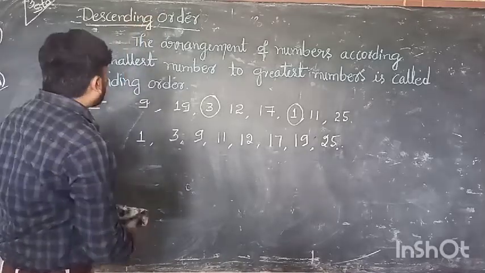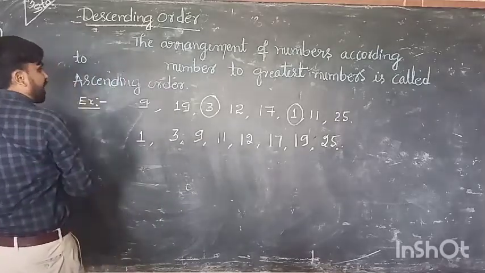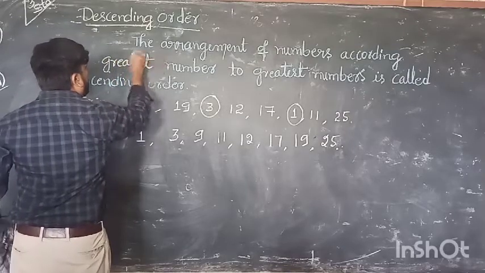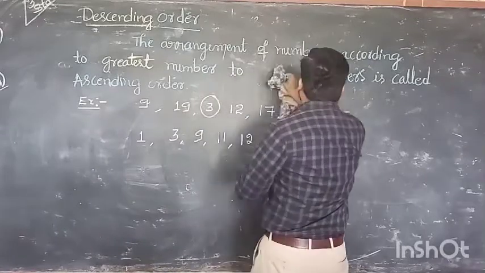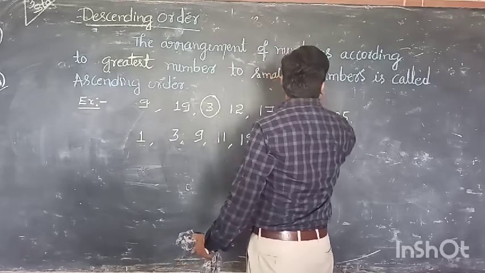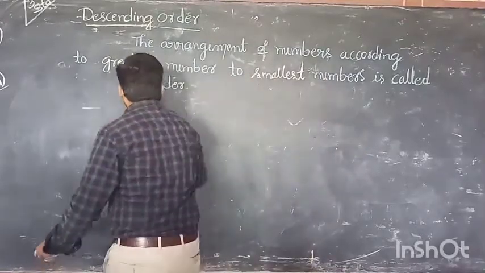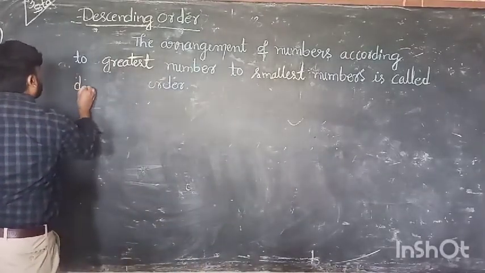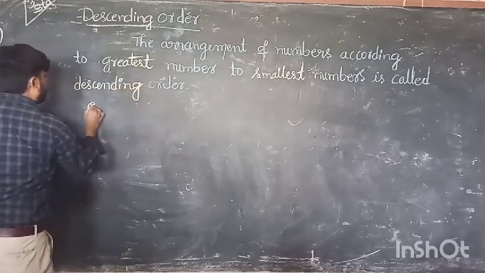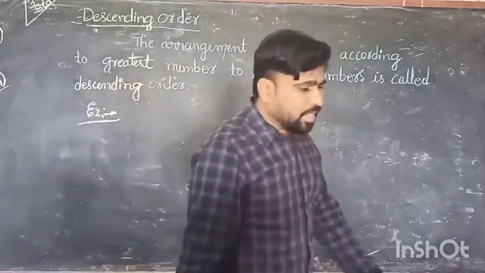Descending order. Same, the arrangement of numbers according to greatest number to smallest number is called descending order.